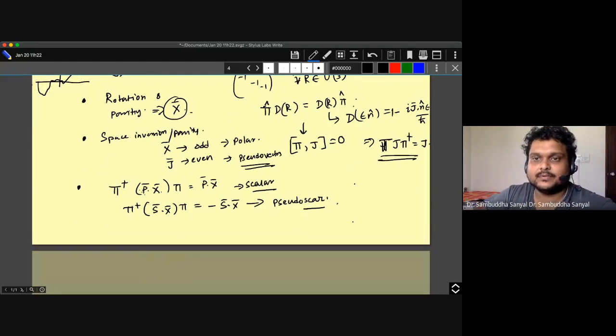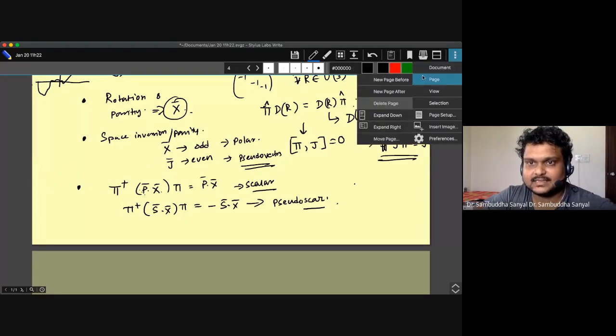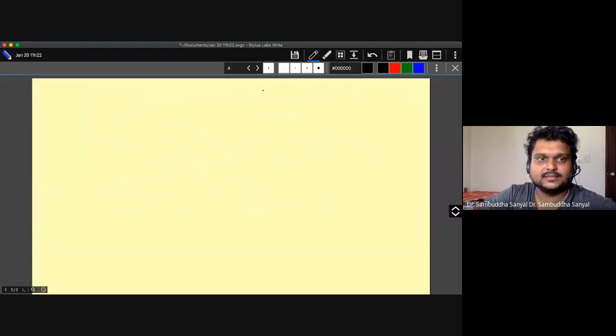Okay, now let's come to a few more examples. These examples are very simple because you have seen them in various forms. But before going to the examples, let me tell you about a theorem.